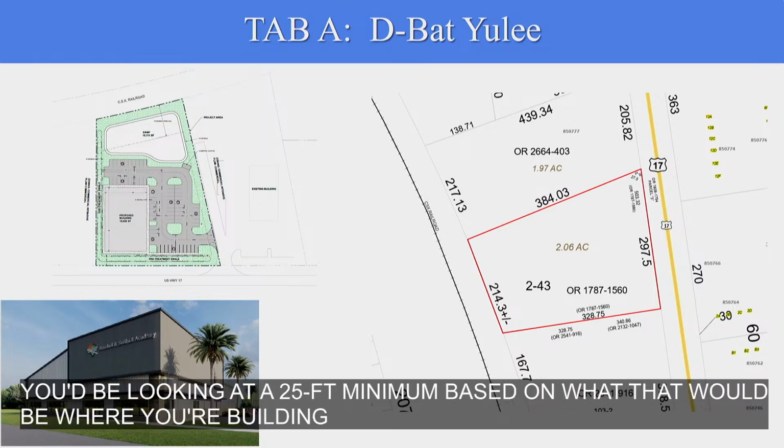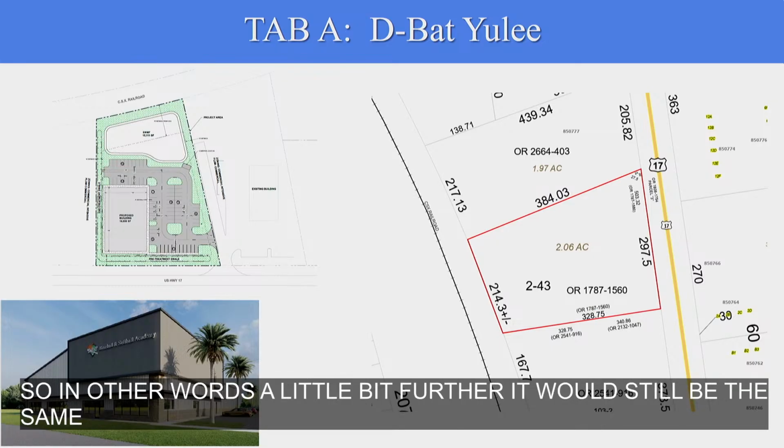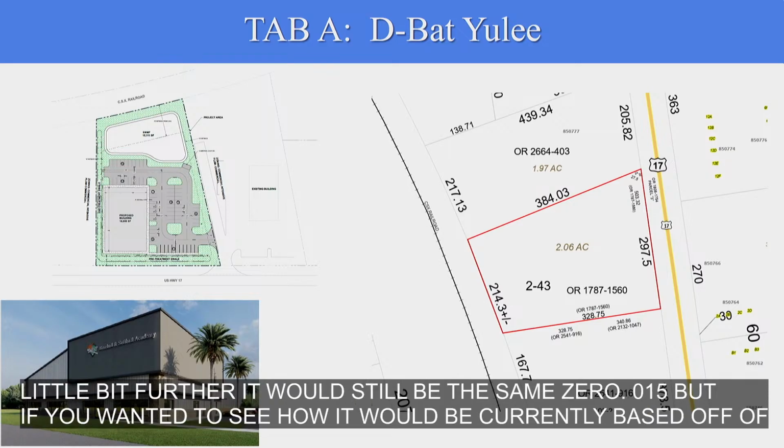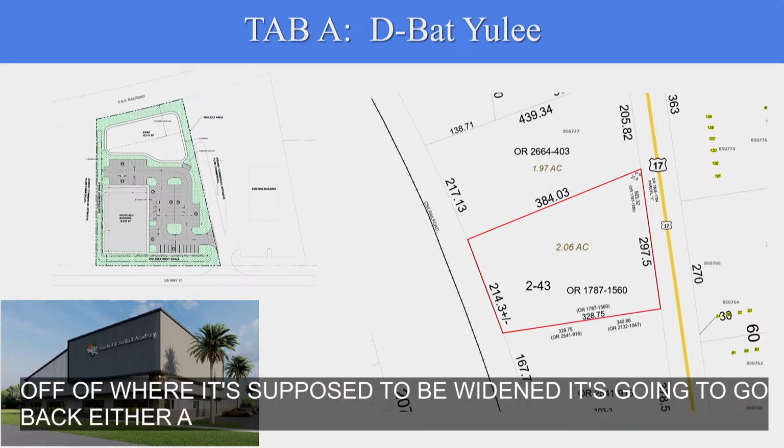That would be the setbacks for your building after the widening. Okay. I'm going to send this to you. In other words, it's going to get widened, so you're going to go back a little bit further. It would still be the same 0.15, but it's going to go back to either a minimum of 25 and 40.